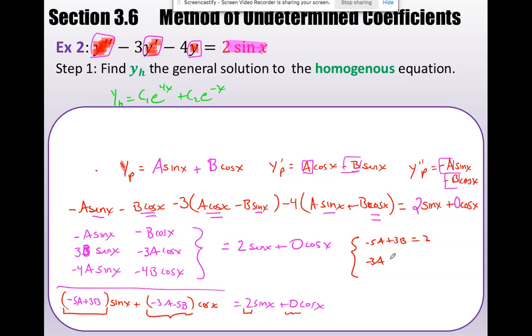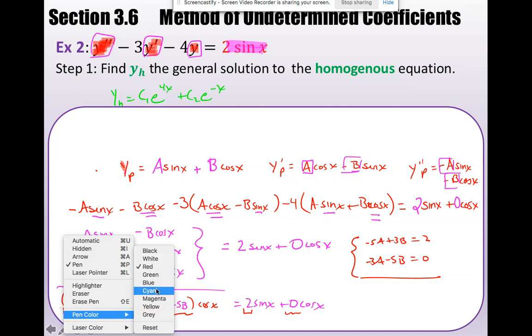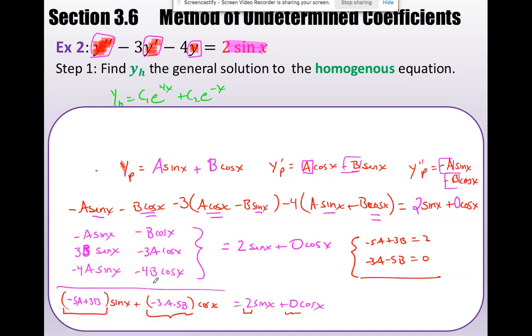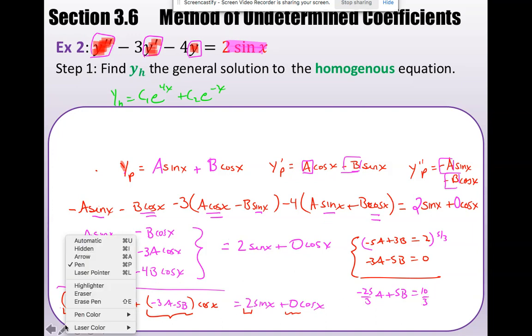Negative 3a minus 5b has to equal 0. I think I'll multiply both sides of that by 5/3. So I get negative 25 over 3 a plus 5b is equal to 10/3. And now I will add down.